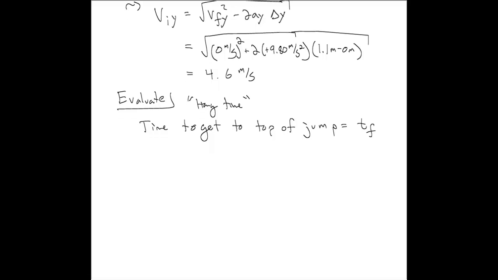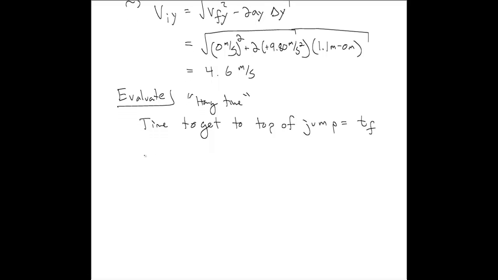So let's find t_f. We can find t_f by using the fact that the final velocity is equal to the initial velocity plus the acceleration times the change in time, where that change in time, delta t, is the final time minus the initial time. The initial time is 0, so this is just the final time.